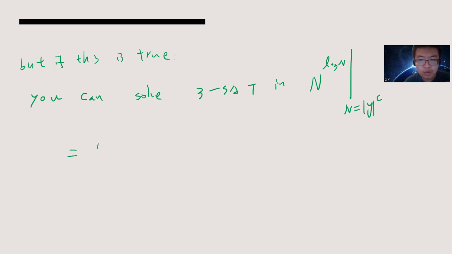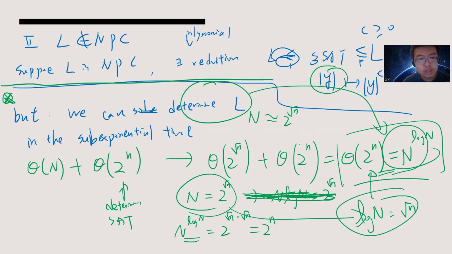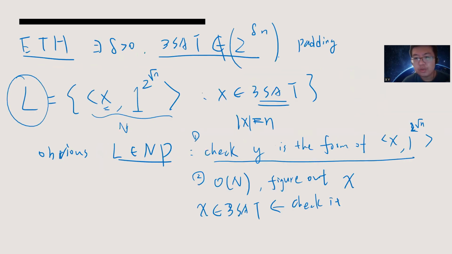So basically you get y to the c log y to the c. Y is small n, right? So you get n to the c squared log n. Okay, and this is much slower than n to the delta, which contradicts the exponential time hypothesis, because this is much smaller than delta n. So this is the easy proof of Ladner's theorem if you assume the exponential time hypothesis.